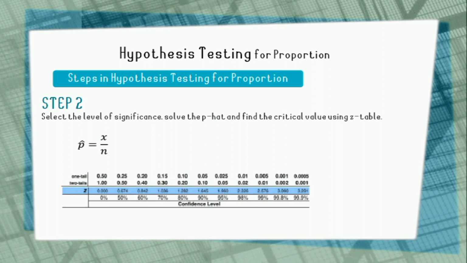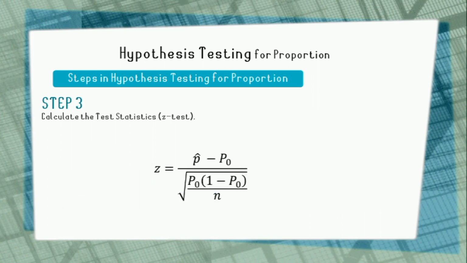Siyempre, dapat tama muna yung type ng tailed test na gagamitin nyo. One-tailed ba yan or two-tailed pa yan? Pag sinabing left-tailed, dito kayo sa one-tailed. Pag sinabing right-tailed, dito rin kayo sa one-tailed, titingin ng significance level. Then, yung katapat niya ay yun yung critical value na kukunin natin.